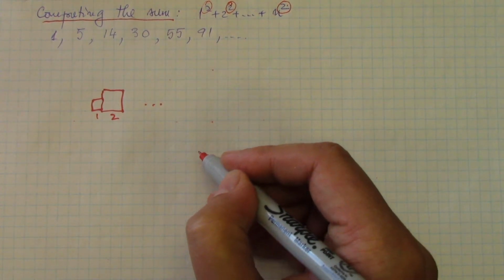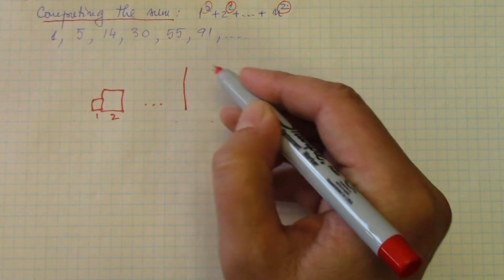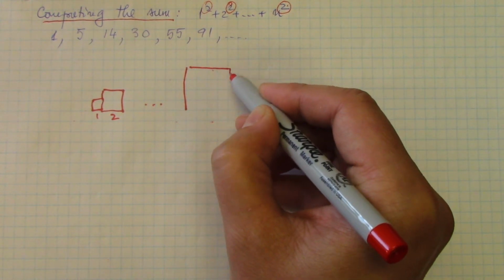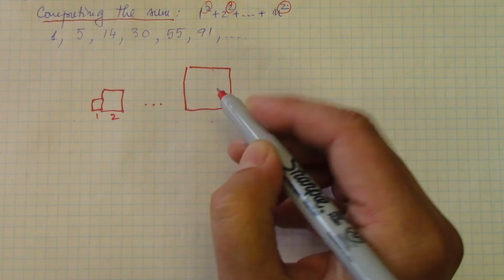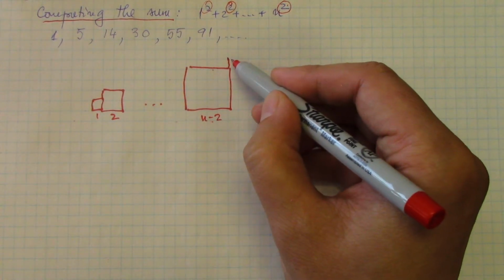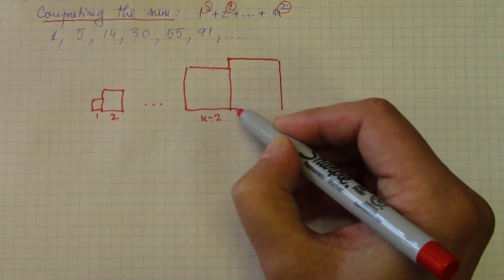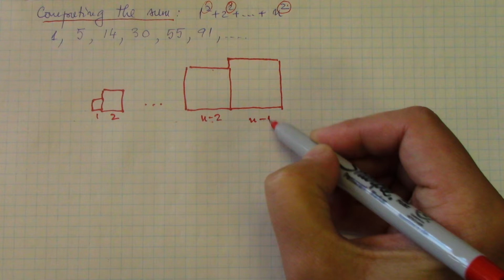Let's pretend that this is a square of side n minus 2. And then next to it, we are going to have a square of side n minus 1.